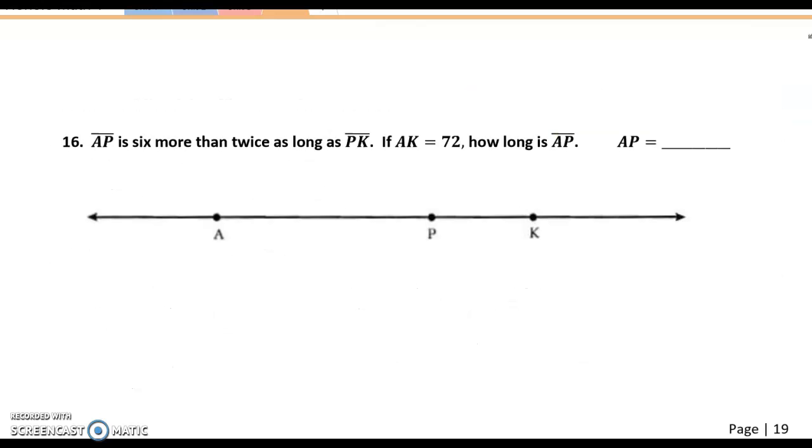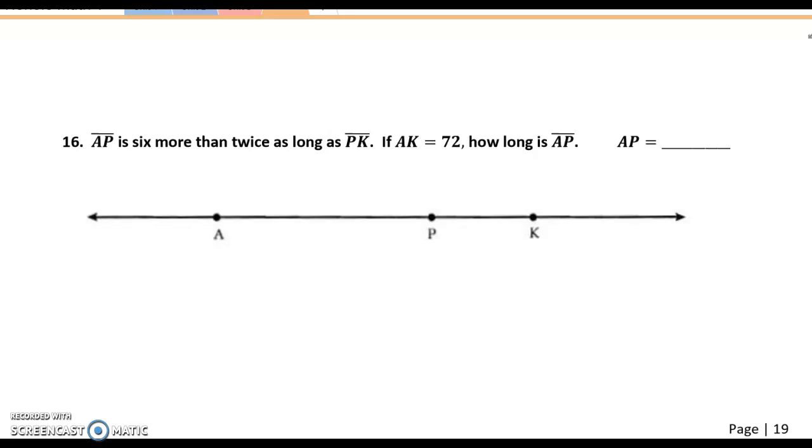All right, so let's finish off here with example number 16. Segment AP is 6 more than twice as long as PK. If AK is equal to 72, how long is AP? Again, set it up using segment addition.